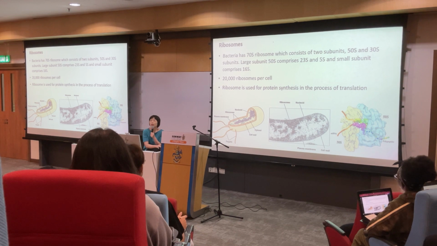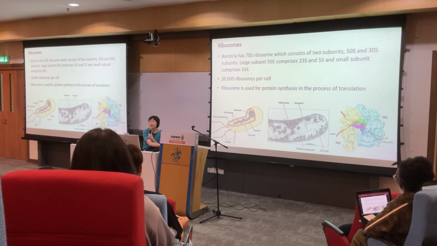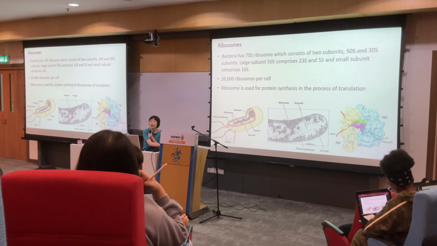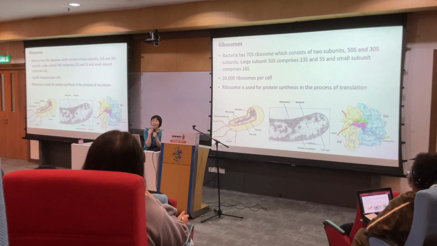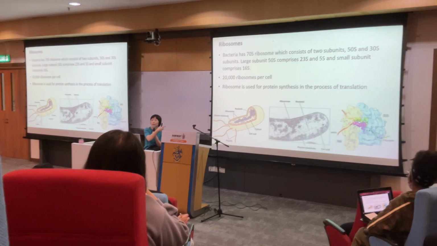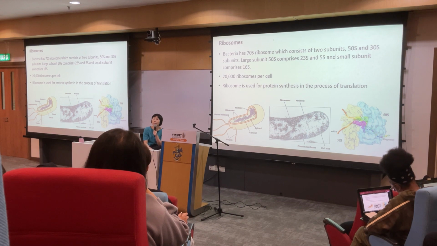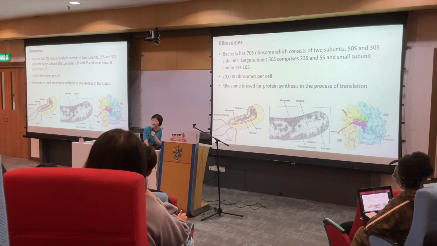Let me ask you a question. Antibiotics can target the bacterial ribosome, right? We take the antibiotic, it targets and destroys the bacterial ribosome. So how come the antibiotic doesn't destroy the human ribosome? We also have ribosomes in our cells.